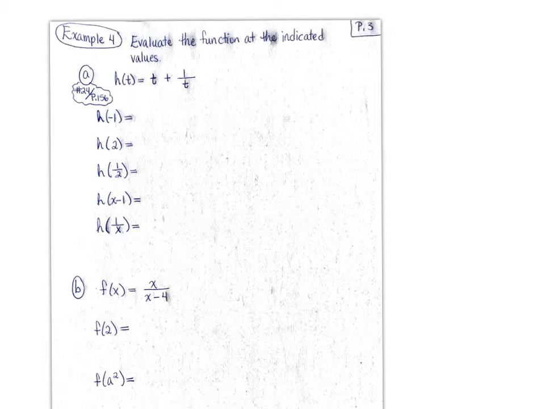Plug it in where? For t, good. So you have negative 1 plus 1 over negative 1. What's 1 over negative 1? Negative 1. So you have negative 1 minus 1. Good. You get what? Negative 2. Excellent.